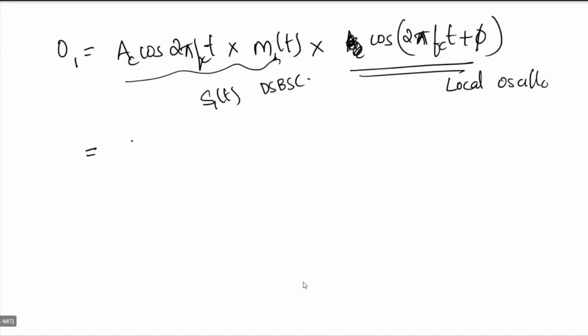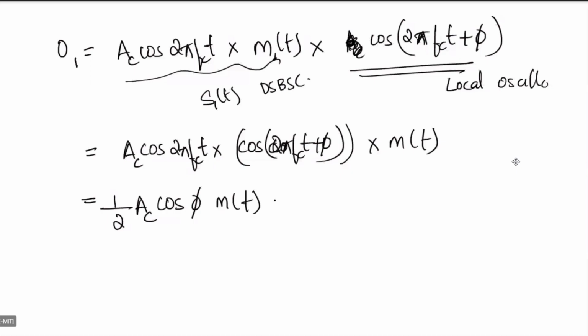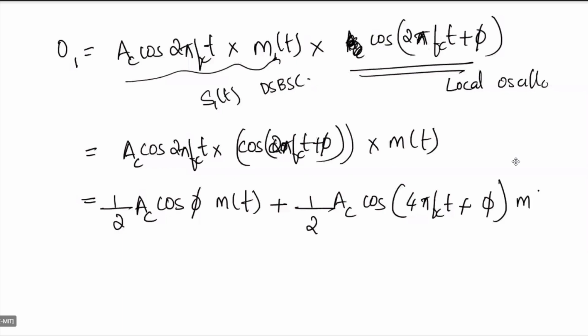Now I am expanding it, using the expansion of cos A into cos B. I am getting half Ac cos phi into m(t) plus another term. So this thing is expanded and I am getting this expression. Yes, ma'am.